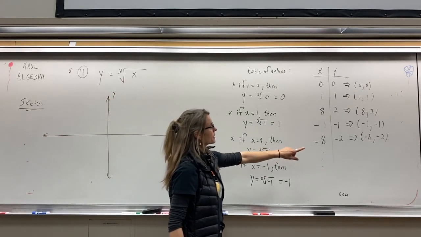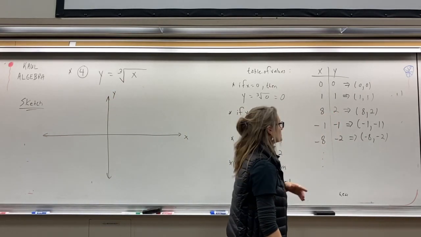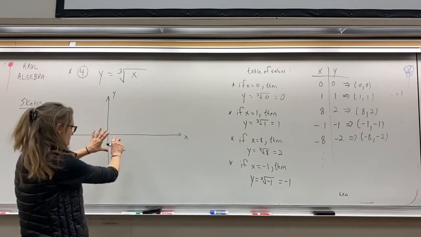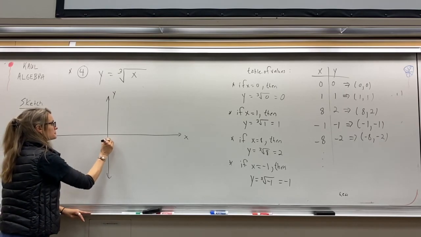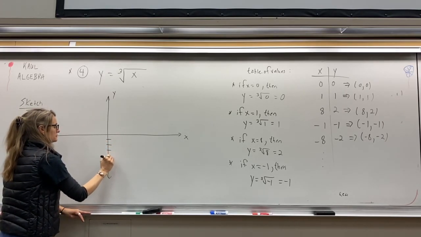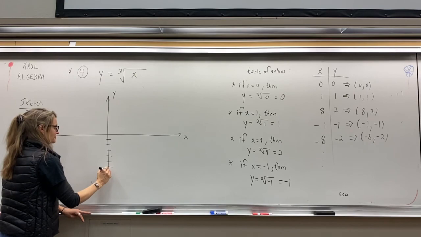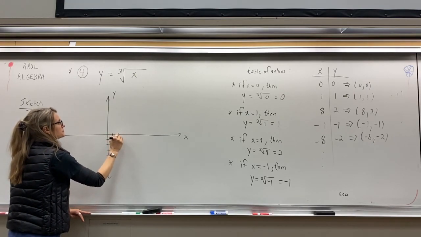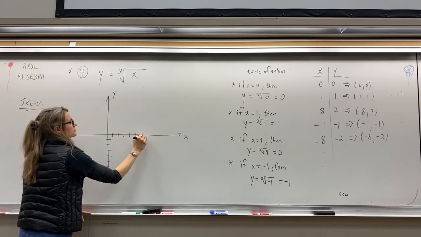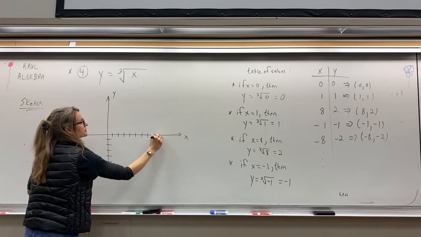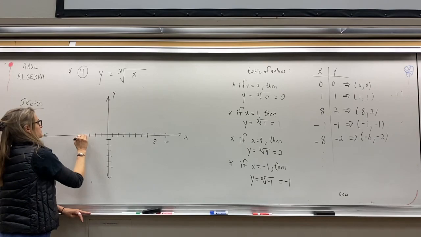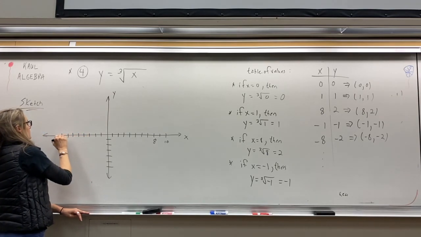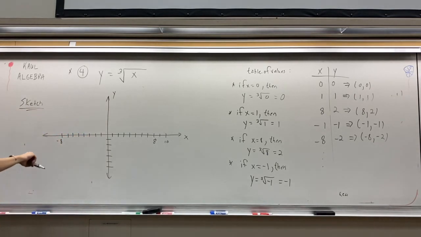My outputs only go from -2 to 2. I can add a few more points, but there's going to be a lot of stretch along the x-axis. That's 8. That's -8.